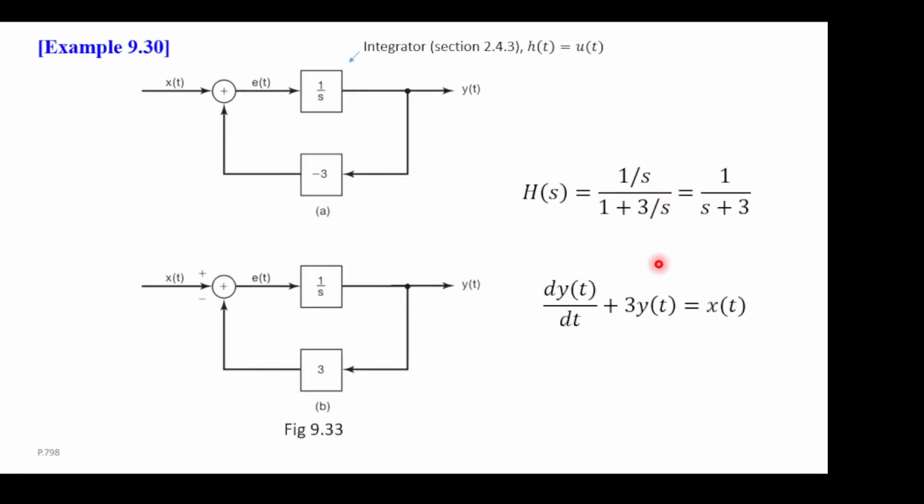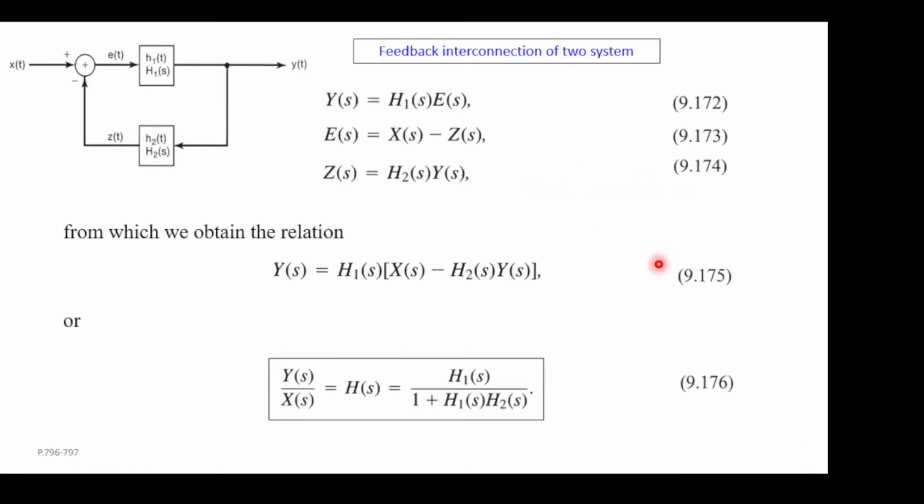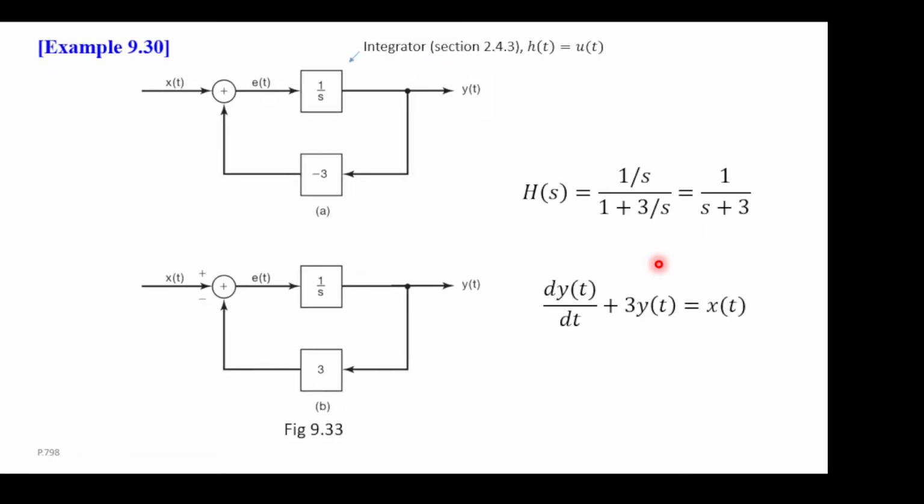Wait, where do I get the negative sign? Oh, because the negative sign is, we don't have a negative sign here. So it's equivalent: the negative 3 is my subtraction of plus 3. Okay, so 3 over S, so 1 over S plus 3. And that's the effective H of S here.